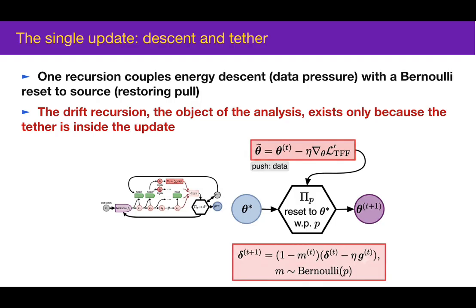When you write these two together, you get this recursion at the bottom, a formula for how far the parameters drift each step. Drift means how far the parameters wander from the original. And the key point is, this formula only exists because the tether is inside the update, not bolted on the side. That is what makes the whole analysis possible.